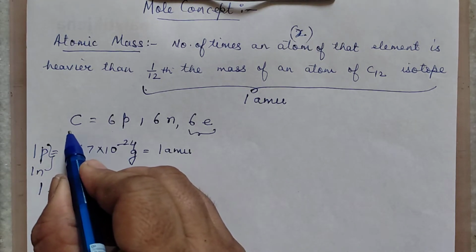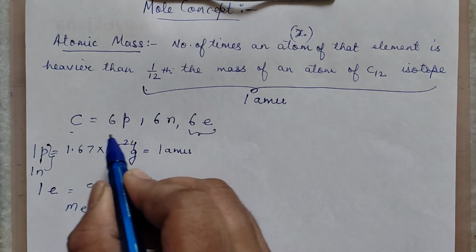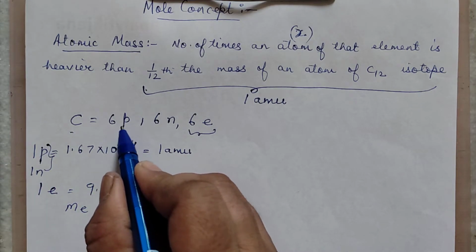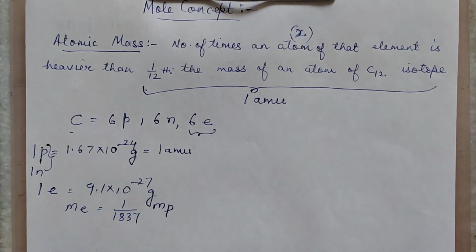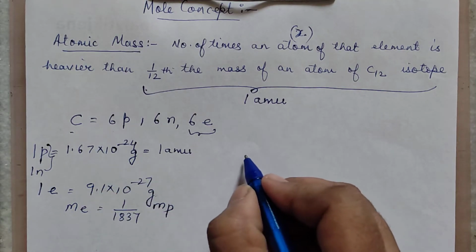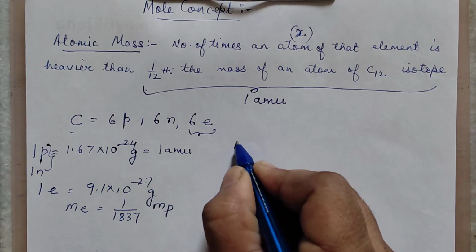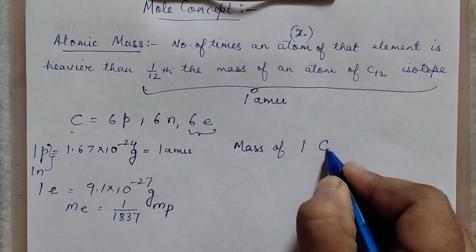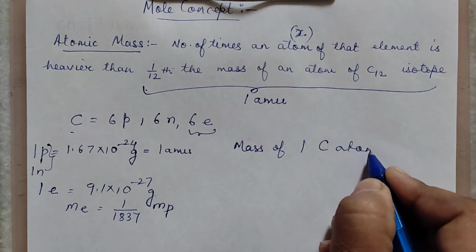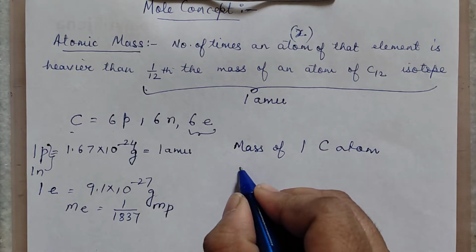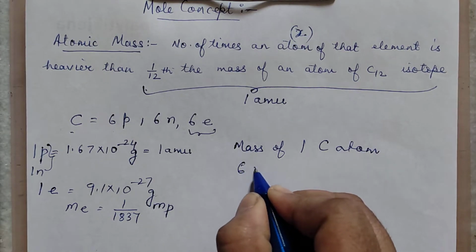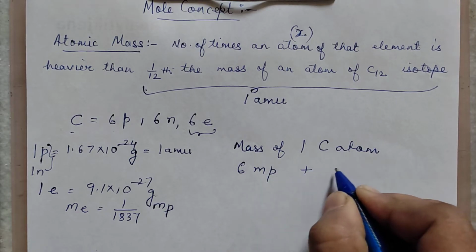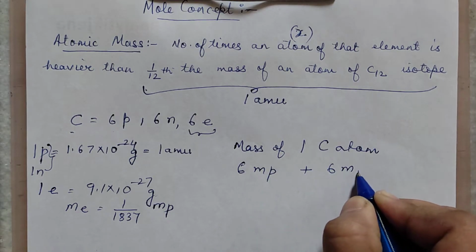So one carbon atom has 6 protons and 6 neutrons mass. In a way, we can say that the mass of one carbon atom will be 6 protons mass plus 6 neutrons mass.